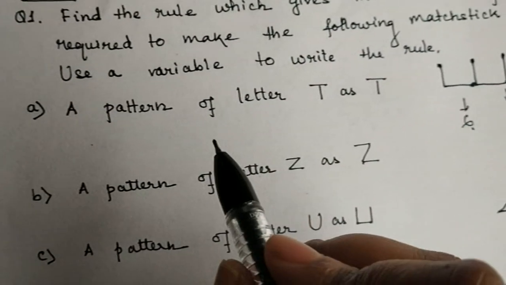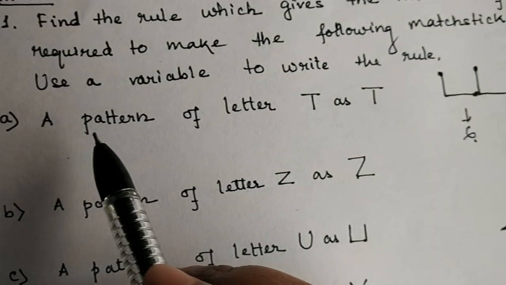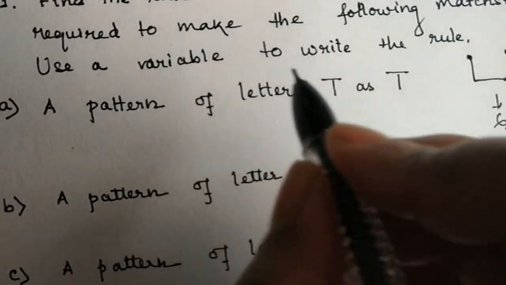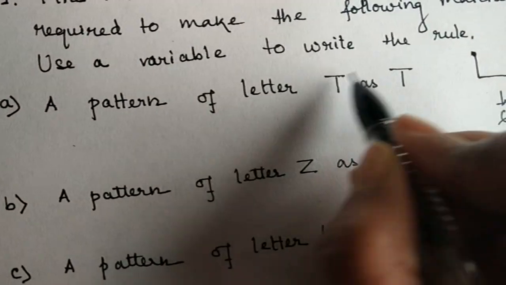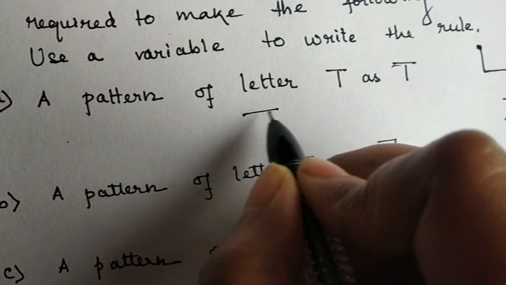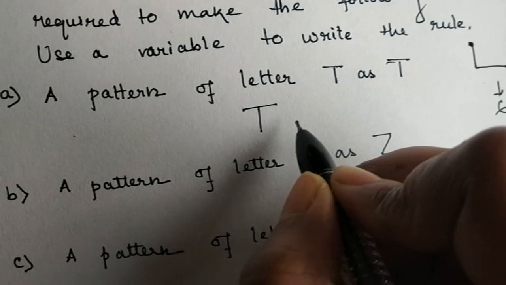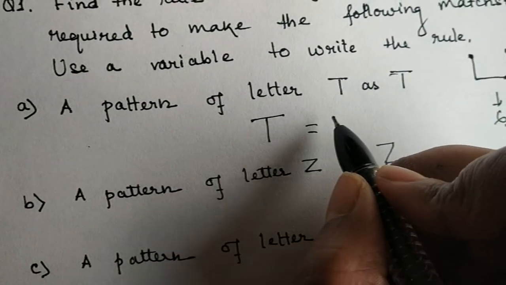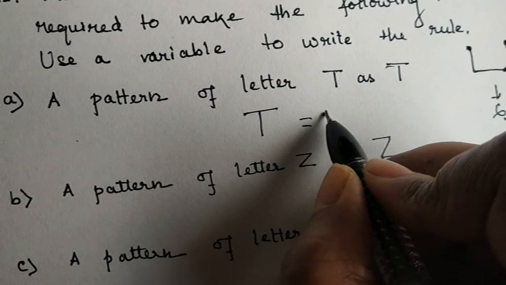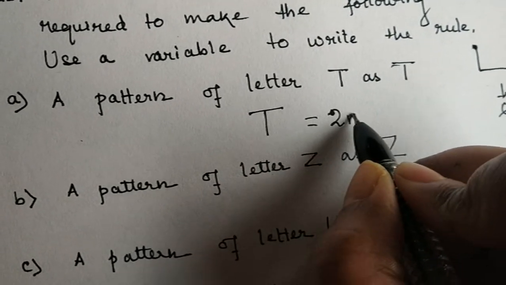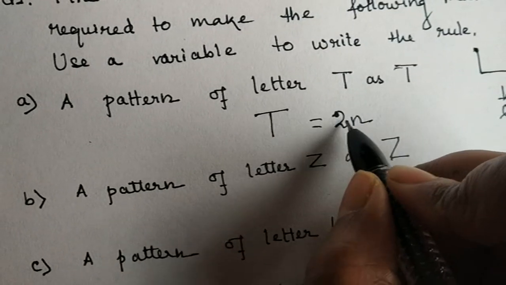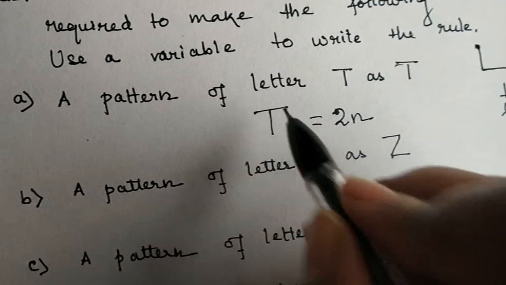Okay. So in the first part of this question, we have a pattern of letter T. Here we can see that 2 mastics are used: 1, 2. 2 mastics are used to form a letter T. So the rule for writing T will be 2 into n. Here n is the number of T we need and 2 is the number of mastics in one alphabet.